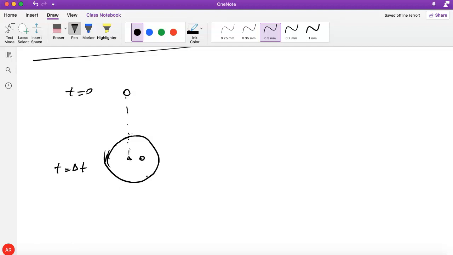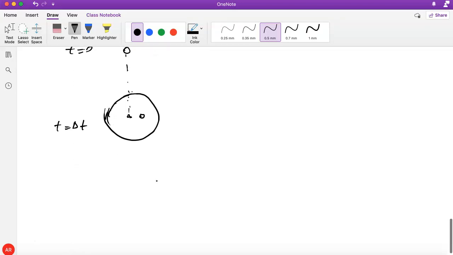Let's say this time corresponds to one full period of the oscillator. Then the source puts out the next wavefront at this point.